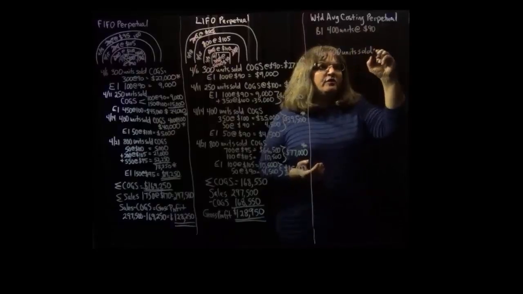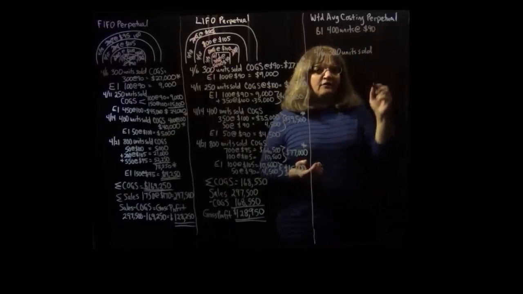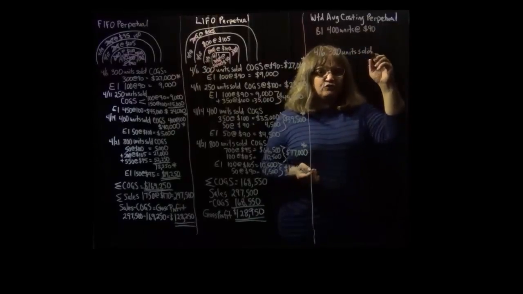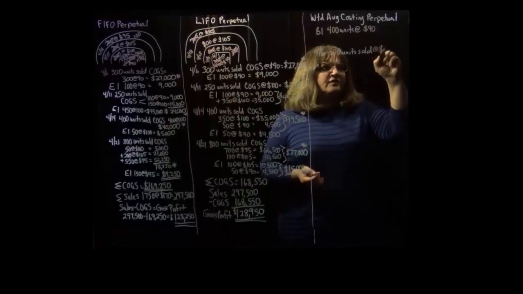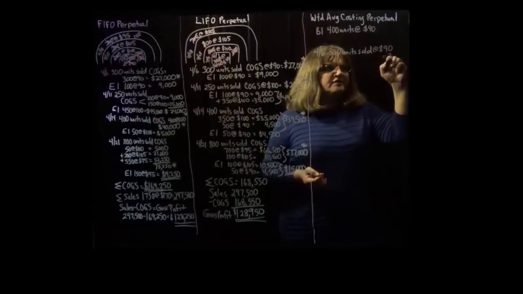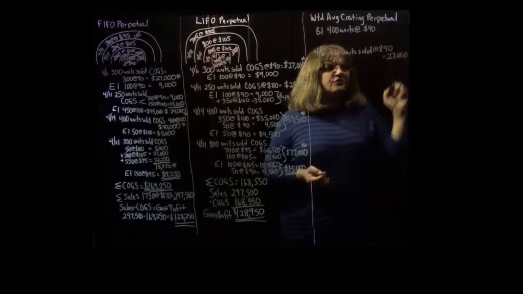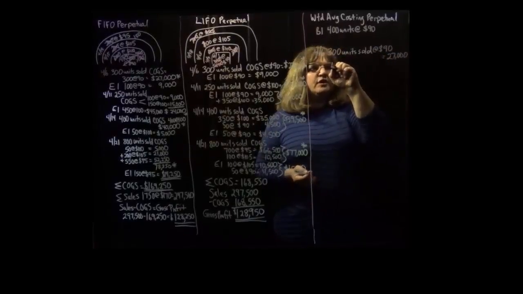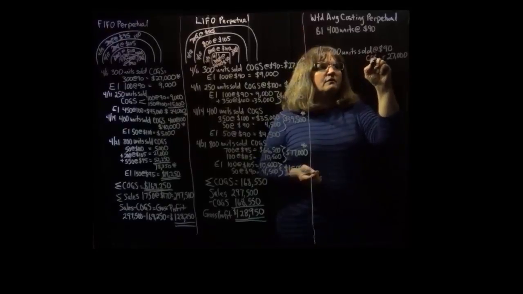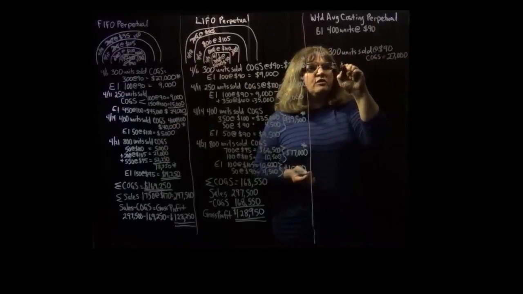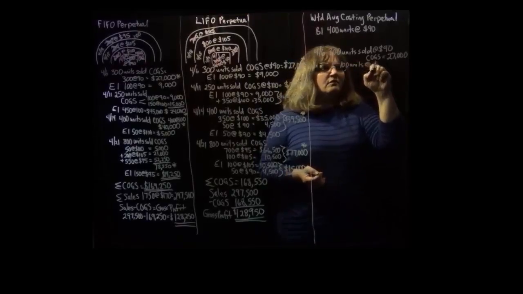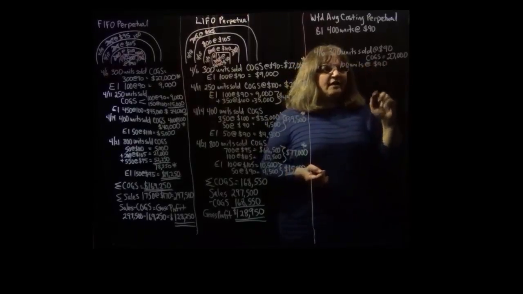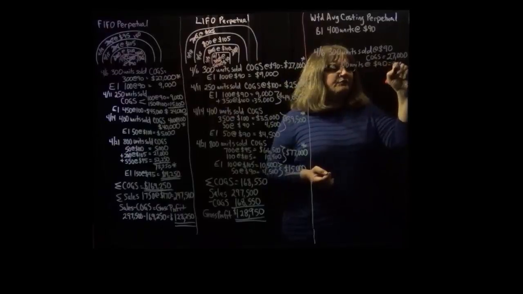And so we know that we're going to apply the $90 as the average cost for that first sale. That's the same under all three methods. And so that's going to be at 90 for a total of 27,000, just like the others. And our ending inventory is still going to be 100 units. That cost us 90 for a total of 9,000.